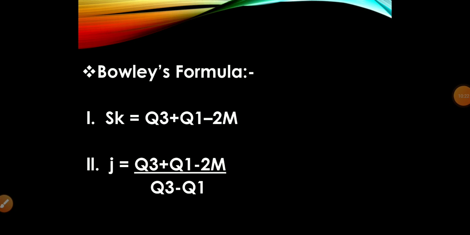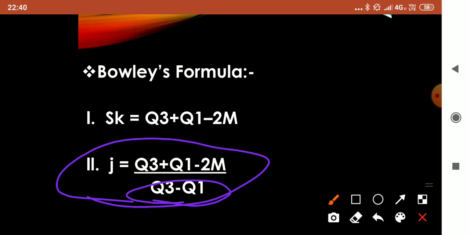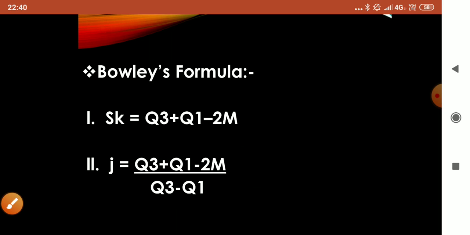Your second formula, the coefficient of skewness, J equals Q3 plus Q1 minus 2M upon Q3 minus Q1. You have to divide by Q3 minus Q1. So this is Bowley's formula.